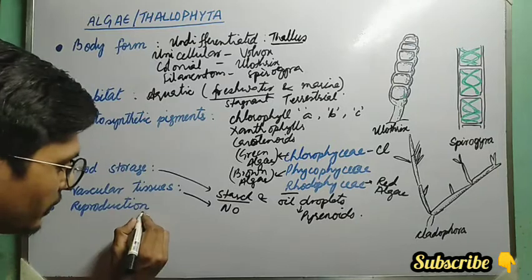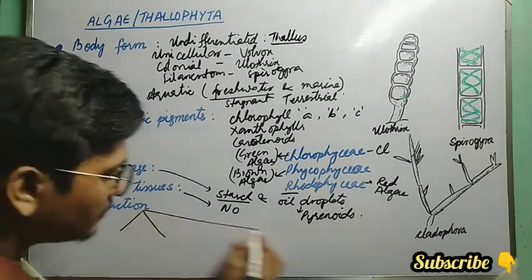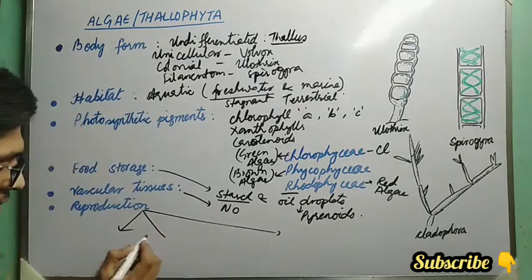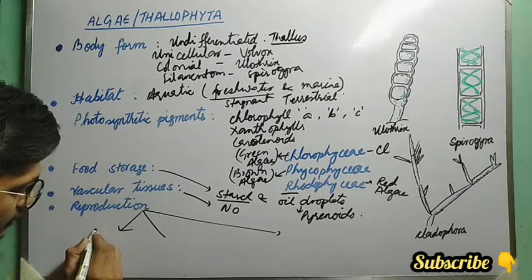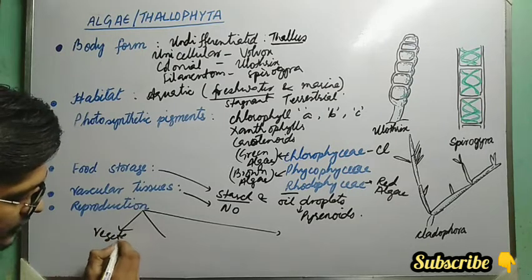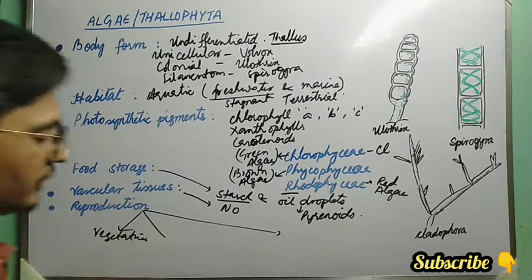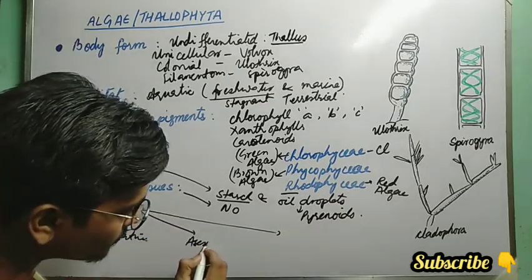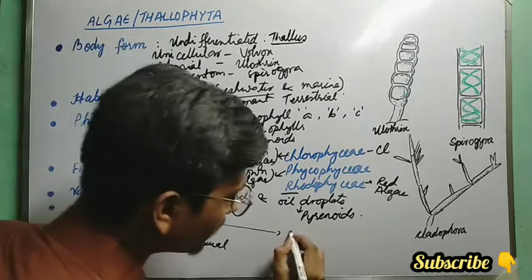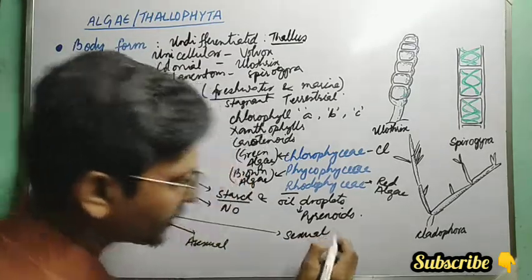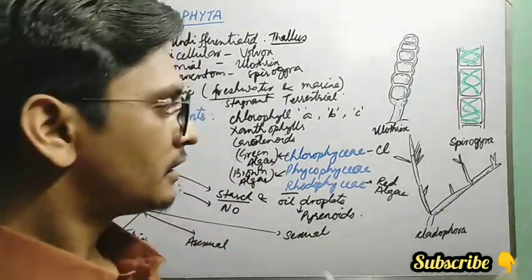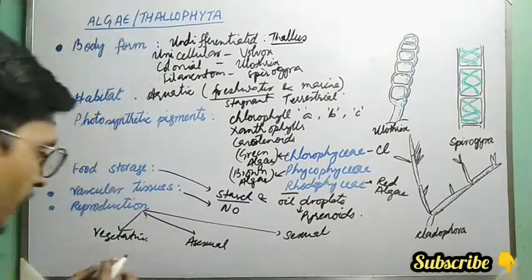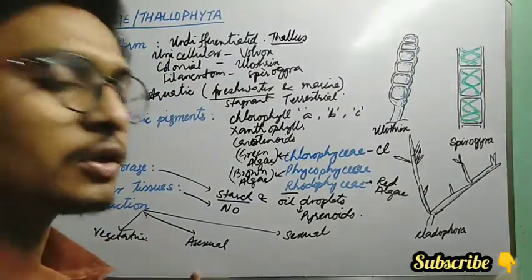And now reproduction. Reproduction can be vegetative reproduction. It can be asexual reproduction also. It can be sexual reproduction also. It means that algae can reproduce by vegetative, asexual or sexual reproduction.